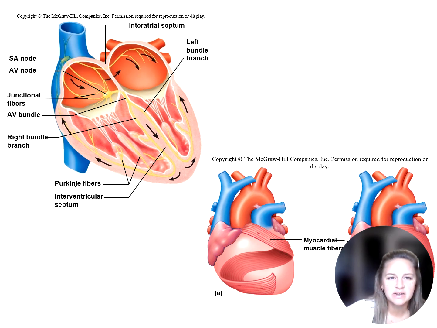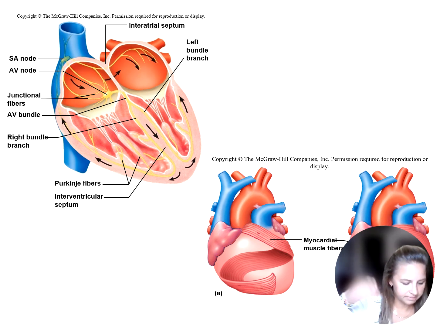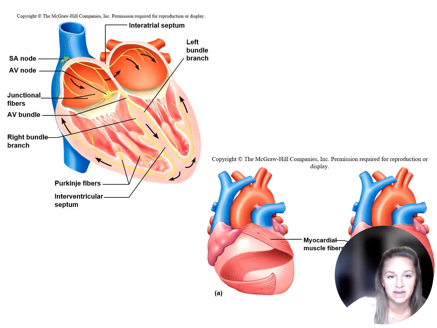So this is showing the electrical impulses that are being sent from this SA node, the direction that they're going, and how they're being sent is causing the muscles to contract in a way that will cause parts of the heart to be contracted and relaxed in sync.